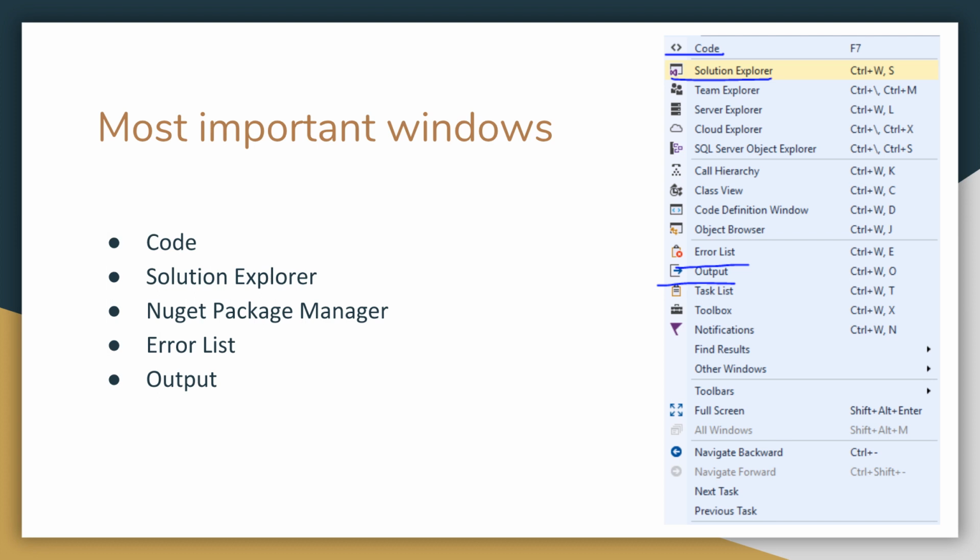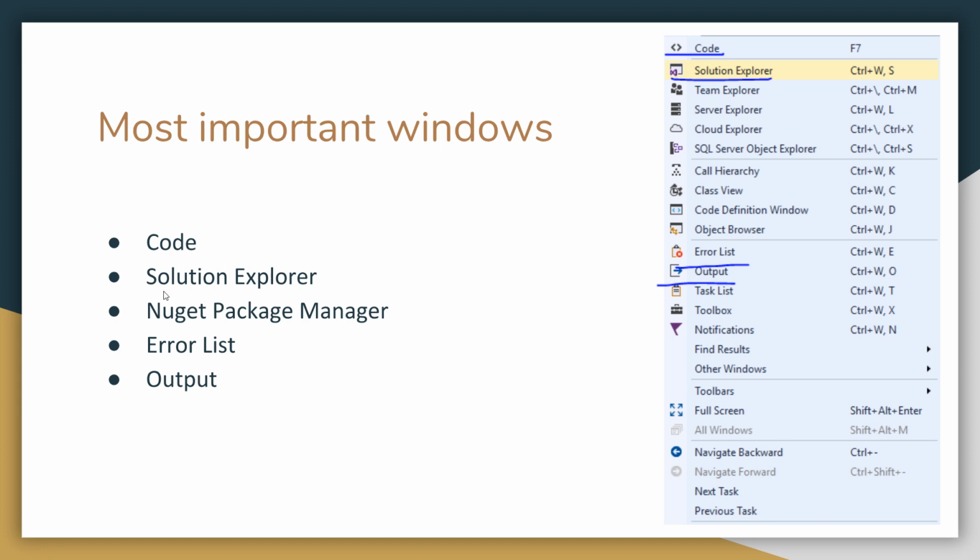But first, let's cover the main windows, in my opinion. You write code in the code window, you'll always have that one open. One exception is when you're configuring your project, then you won't have it open, but mostly it will be there. Solution Explorer is the second most important window, I think.